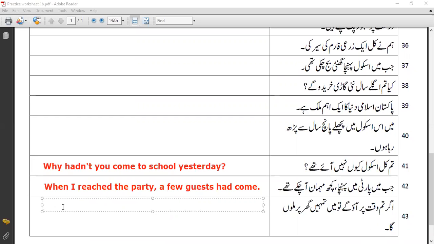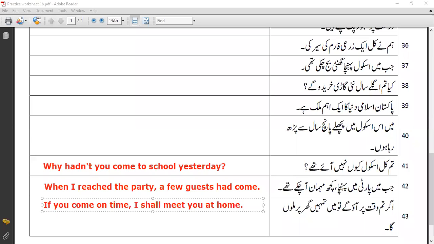Here, the first part of the sentence is going to be simple present, and the next part of the sentence is going to be simple future, as we had done earlier. अगर तुम वक्त पर आओगे, if you come on time, तो मैं तुम्हें घर पर मिलूंगा. I shall or I will. In writings, it is better if you use shall with I and we. I shall meet you at home.